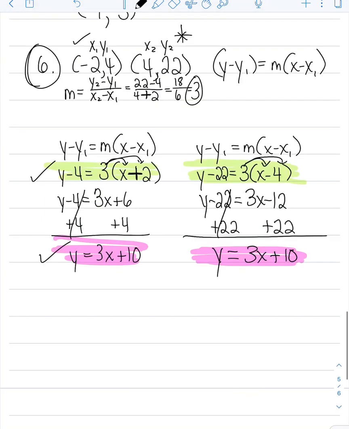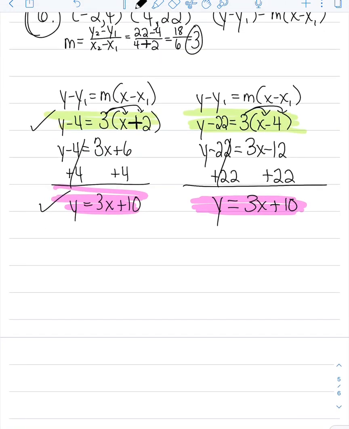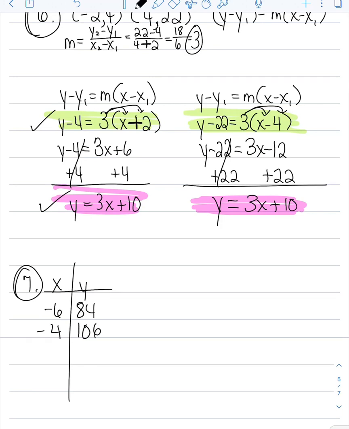types of problems. So sometimes you'll be given a table and asked to write point slope form. So let's say you have this table right here. (-6, 84), (-4, 106), (-2, 128), (2, 172), and (4, 194).